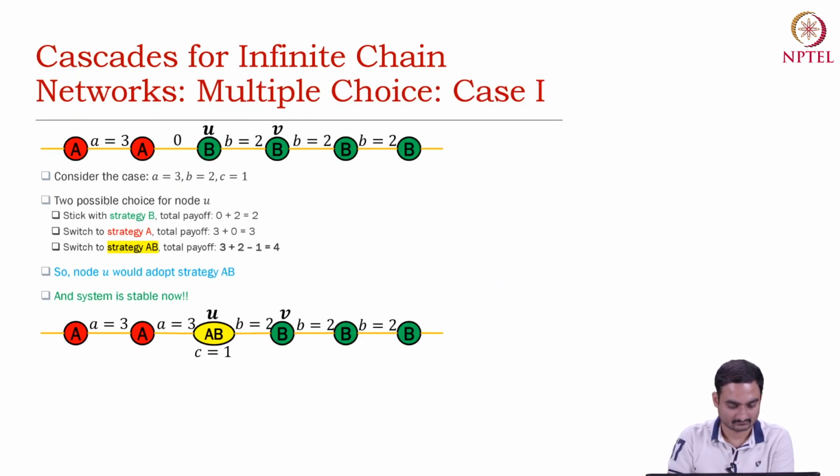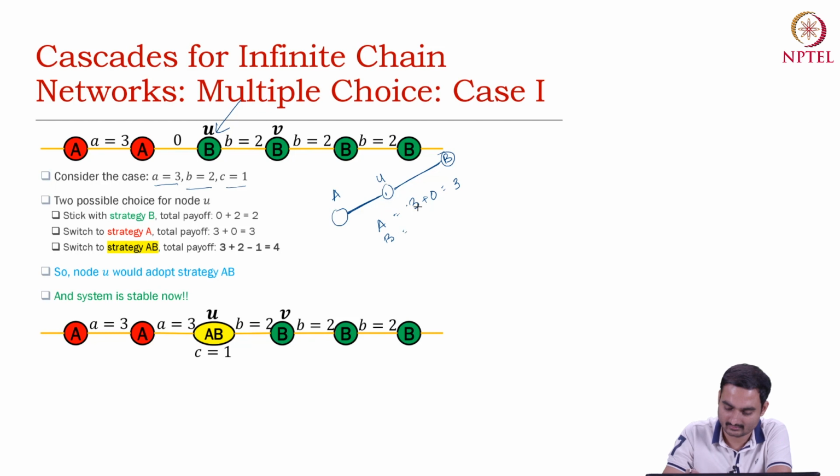Okay, let's see the same setting. The payoff A equals 3, the payoff B equals 2, and the cost is 1. Let's look at this node. This is A and this is B. So if this guy chooses A, due to this interaction it will get 3, and due to this one it will be 0, so 3.